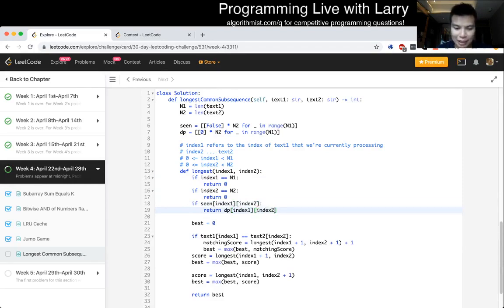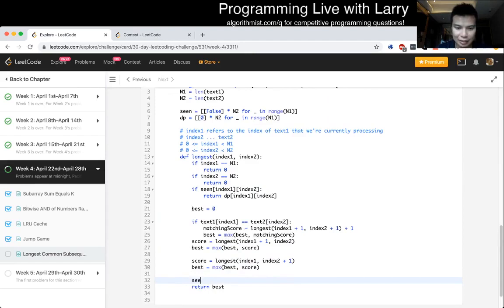Otherwise, we haven't solved this problem yet, so let's set seen of index 1, index 2 to true, and then dp of index 1, index 2 is equal to the best score. So that's the memoization.